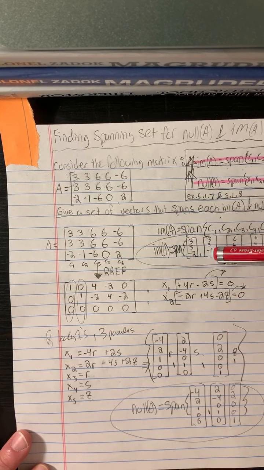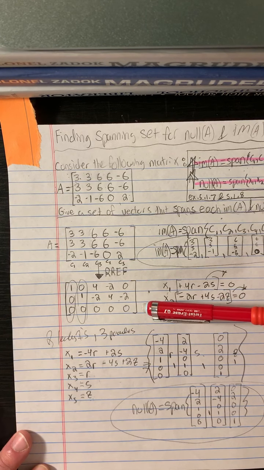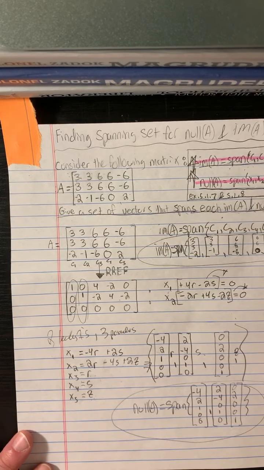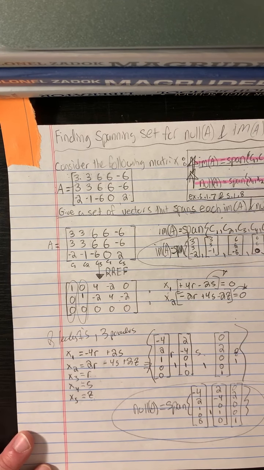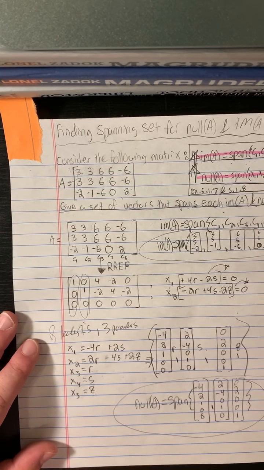We looked at the columns of the matrix, put the second matrix in row-reduced echelon form, and lastly, took a look at the solutions of the homogeneous equation in terms of the parameters that were established in the equation. And here are our two answers.